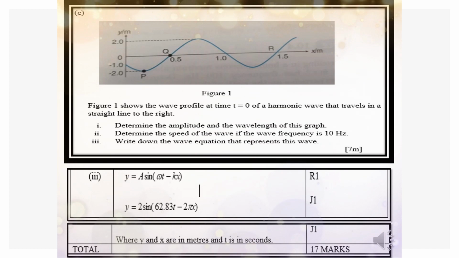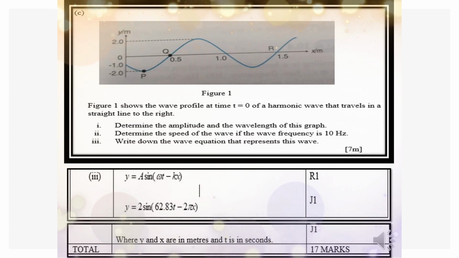Manakala untuk soalan yang ketiga, soalan yang terakhir, kita diminta untuk write down the wave equation that represent this wave. So, bila kita baca soalan ini, we need to state all characteristic of the wave by using the general equation y equal to a sin omega t minus kx. So we need to state minus kx. Why?